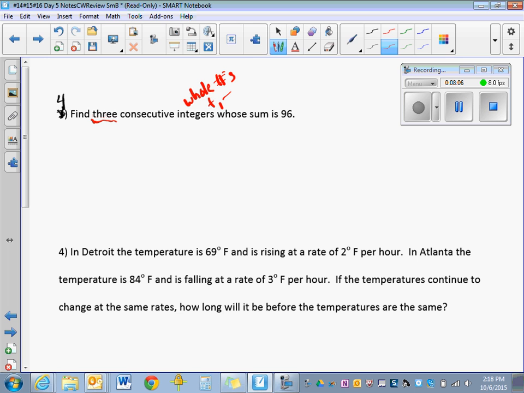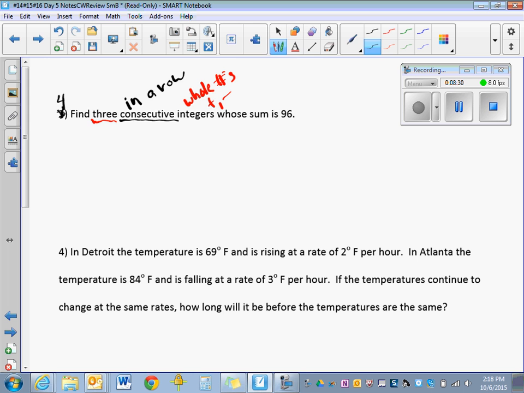Alright, anybody know what consecutive means? Back to back. Yeah, if we have consecutive wins, say the Nats have 3 consecutive wins, that means they won back to back to back. So in a row, basically. So consecutive means in a row. Someone give me an example of 3 consecutive integers.